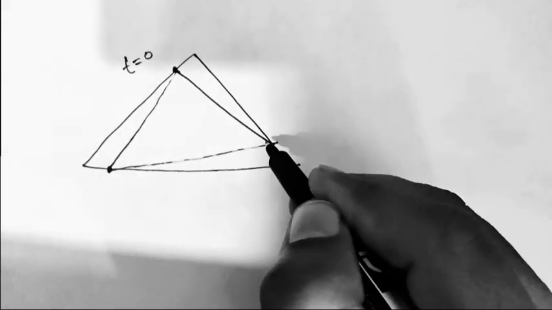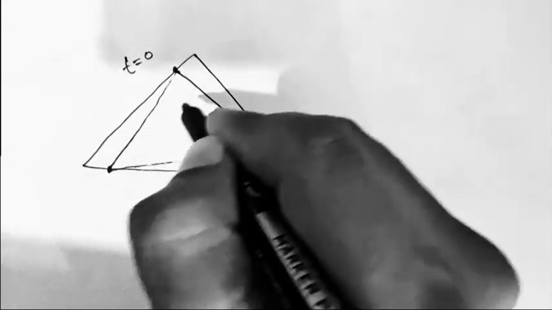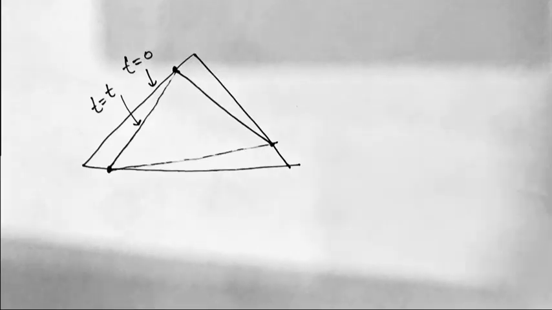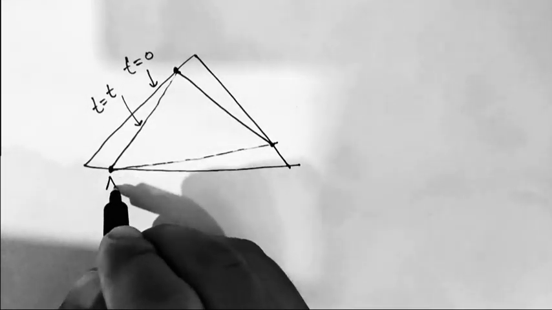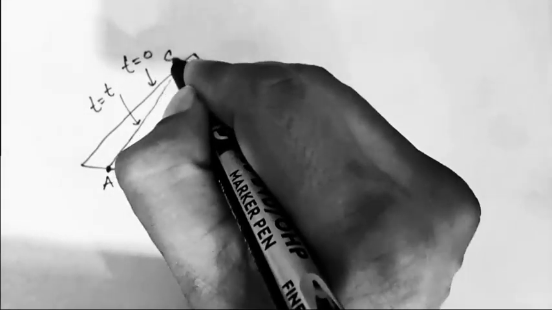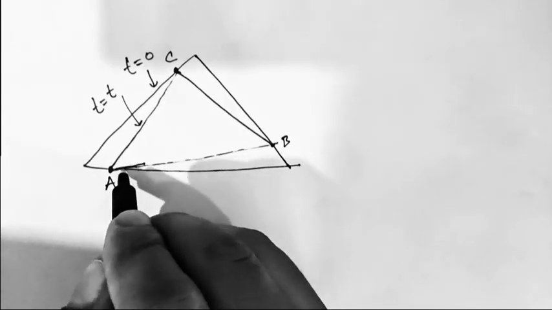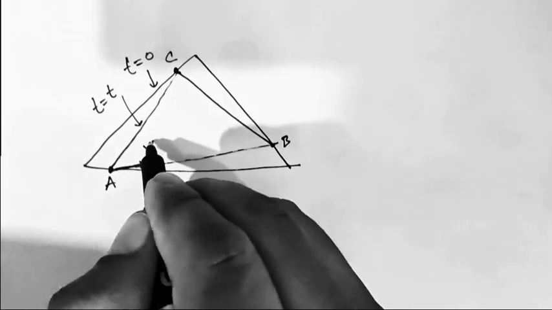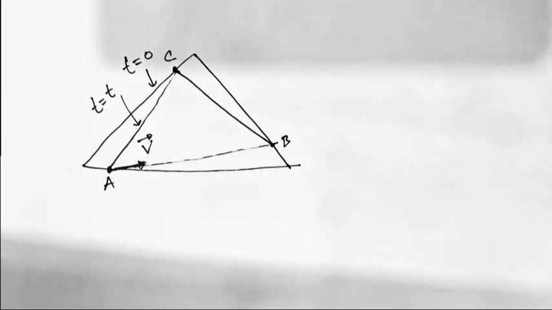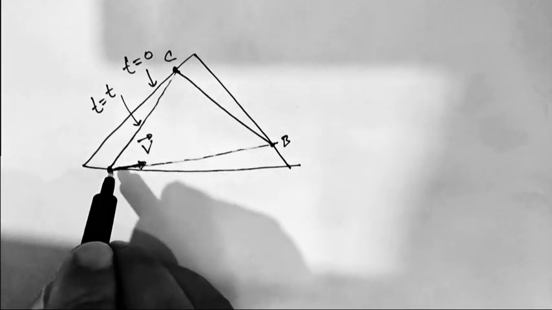So this is the equilateral triangle that we need to focus on, which is at time t. This was at time 0. Now at time t, this is your A, B and C. So A is having velocity where? Towards B. So this is the velocity of A which is directed towards B.